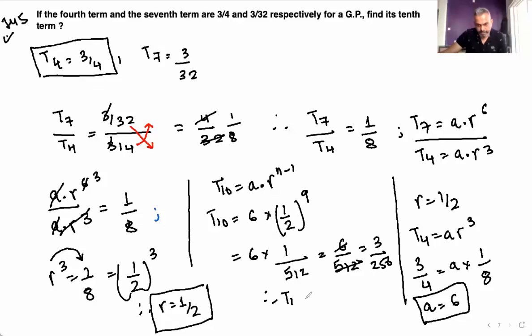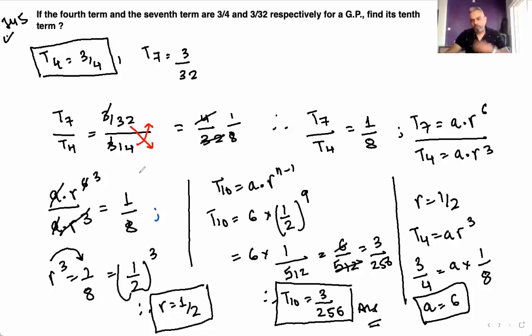Therefore, T10 is equal to 3 by 256. Answer. So we found three things over here. We found out R, then we wanted to find T10, so we had to find A. So we found out A, and then finally we found out what is T10.